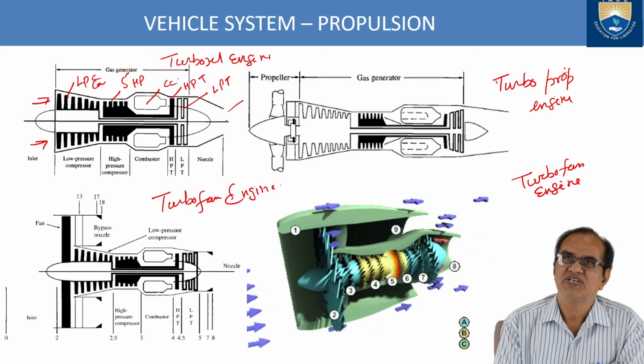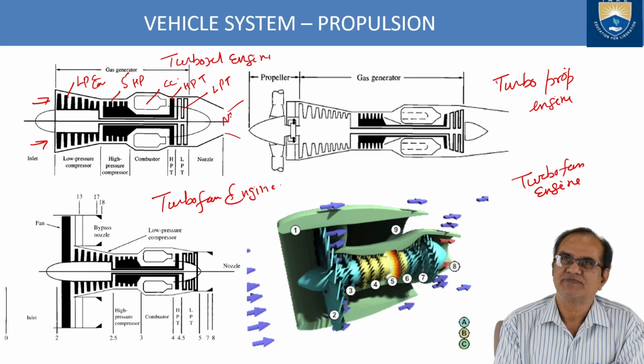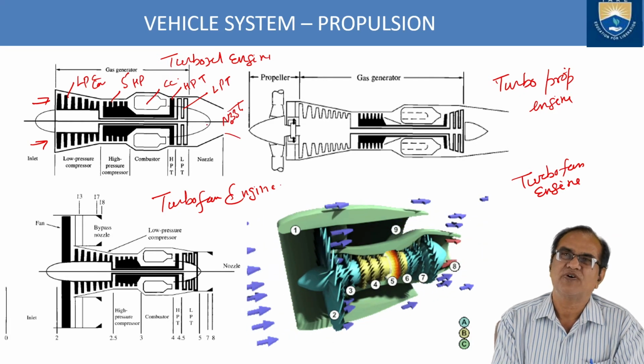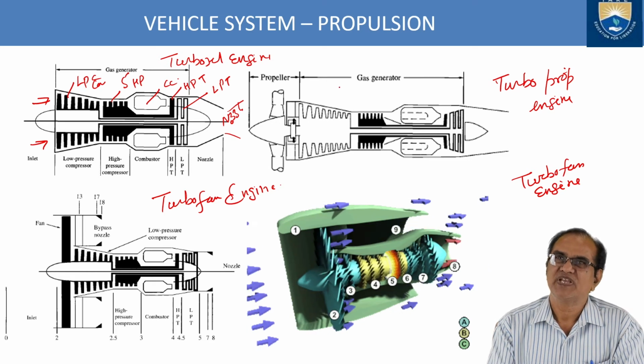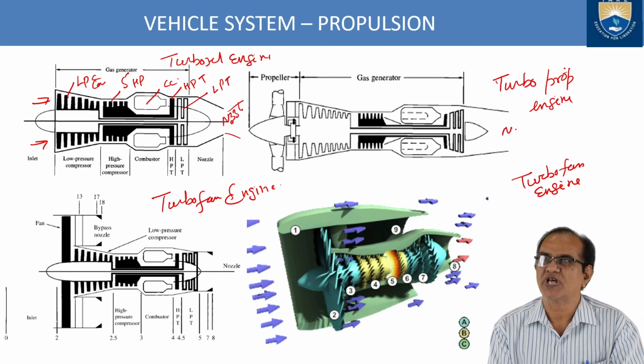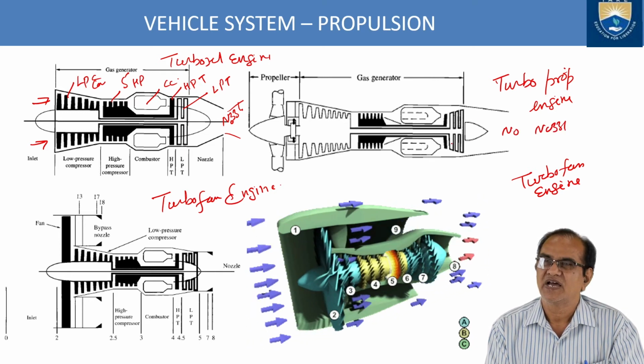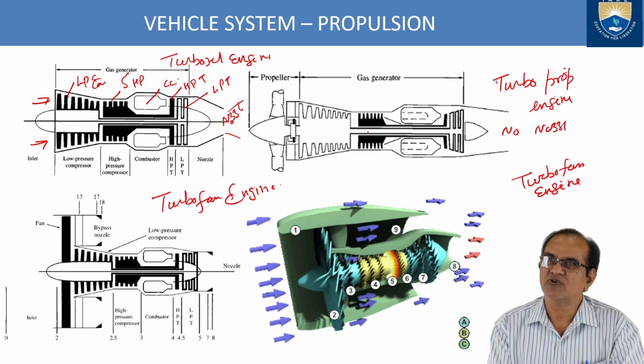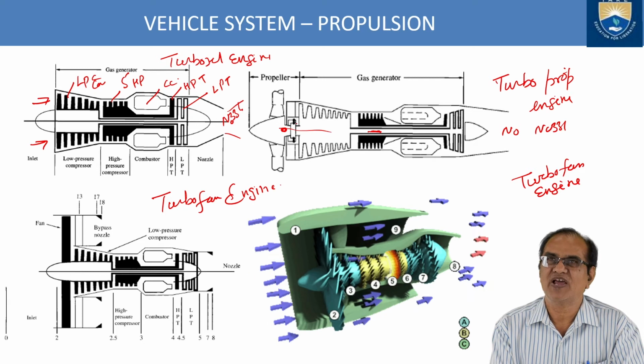And here is the nozzle. Okay, so this is the turbojet engine. This is the turboprop engine, the same way, except here there is no nozzle. This whole engine is giving torque to this shaft. This shaft will rotate this propeller. Here we will have one gearbox.